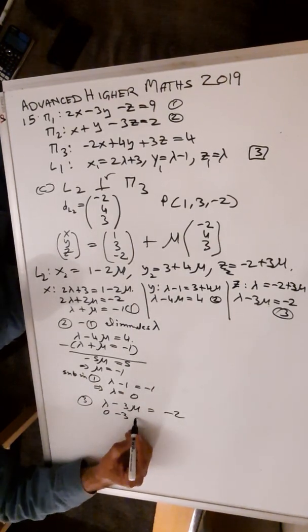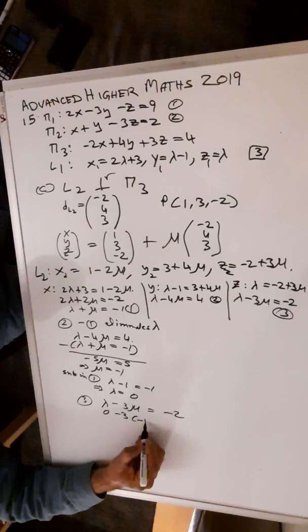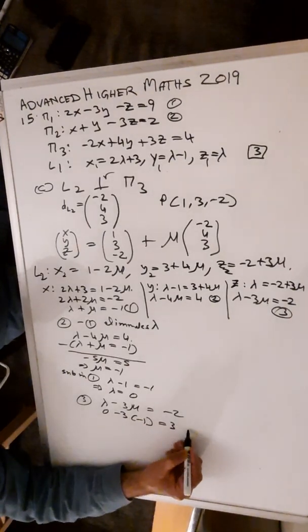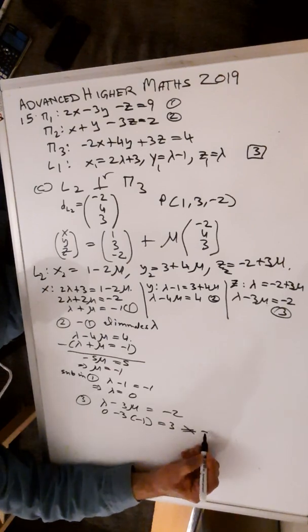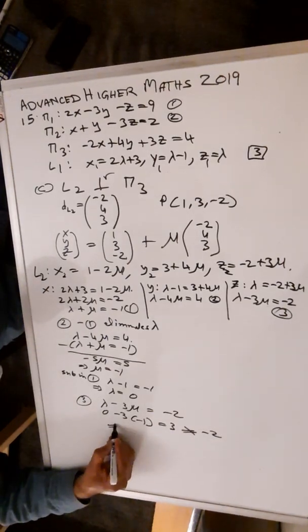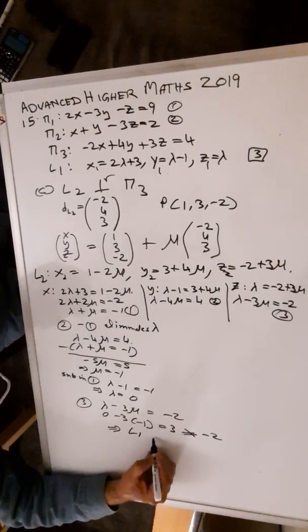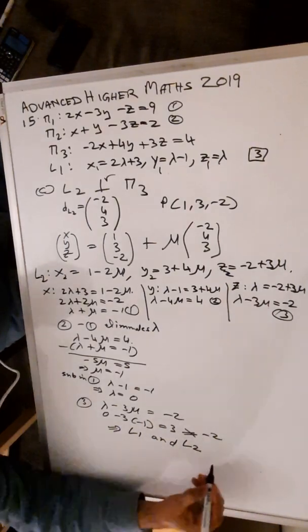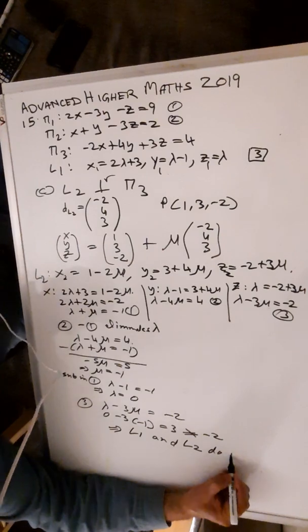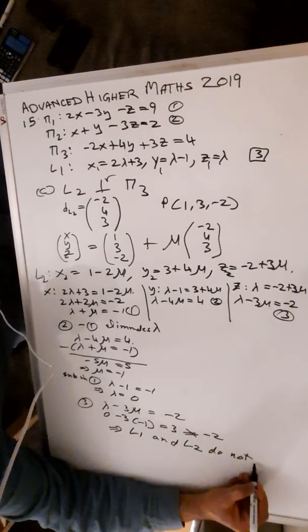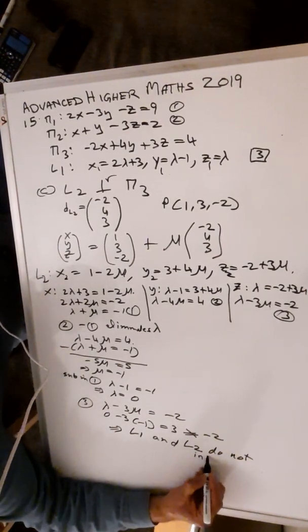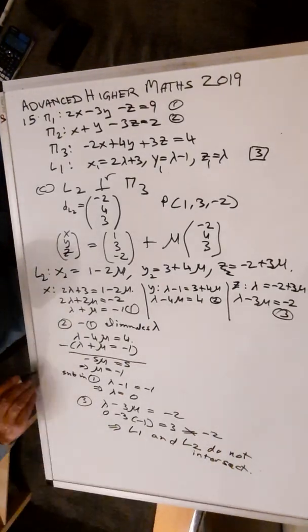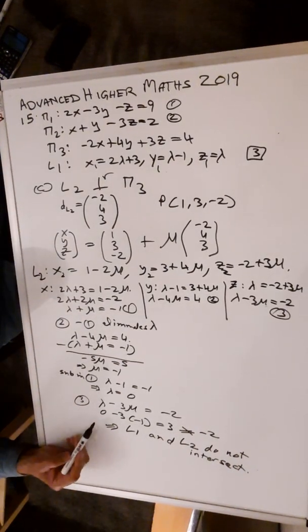Minus 3 times minus 1 is equal to 3, which is not equal to minus 2, which means that L1 and L2 do not intersect.